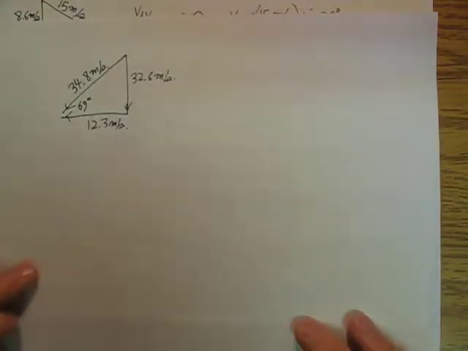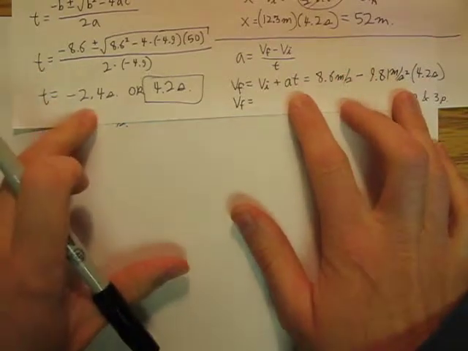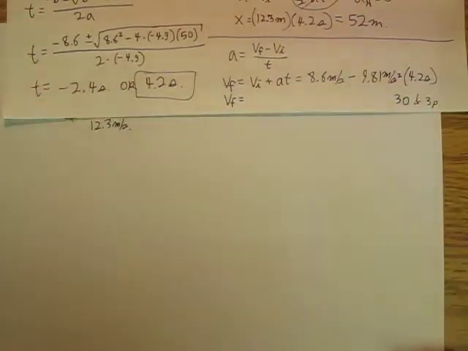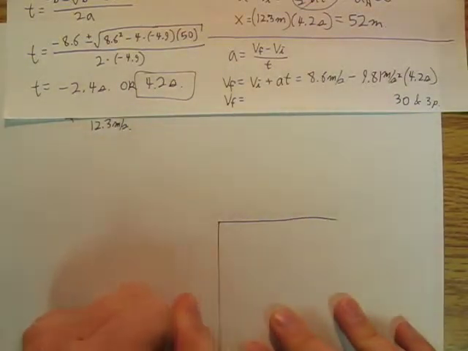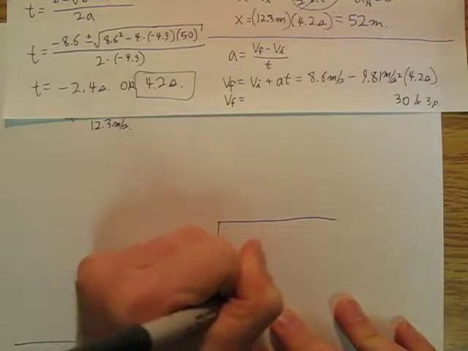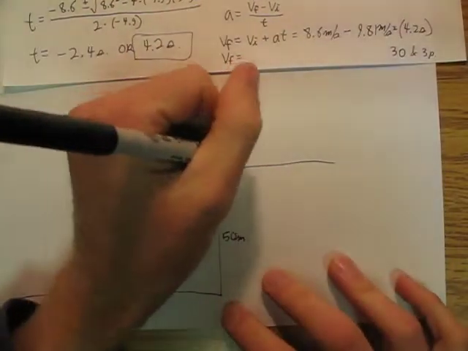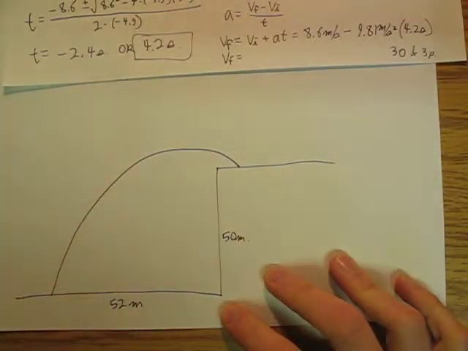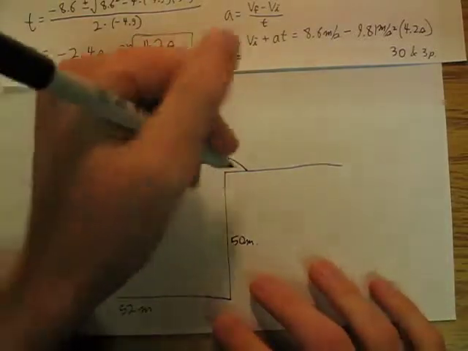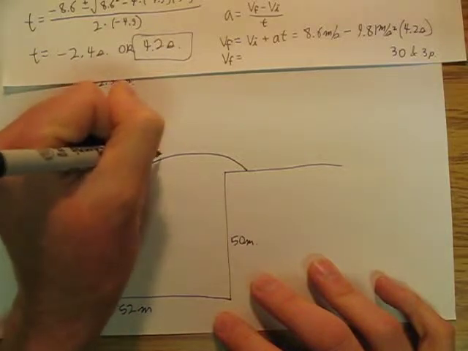Now the last thing that I want to talk about here in just a couple minutes is this negative time and this positive time. Well, here's my cliff, and the ball kind of comes and does that. This is what the ball does. Now this time here is going to be 4.2 seconds.